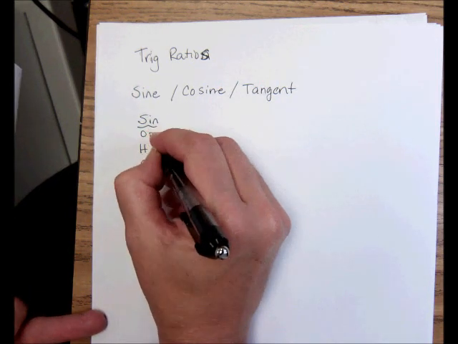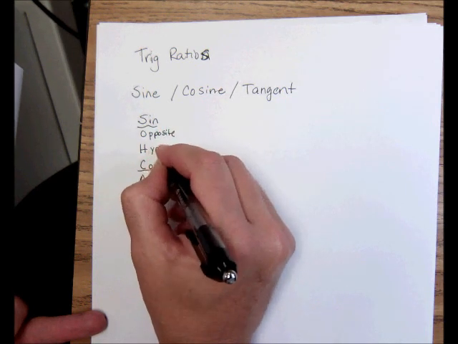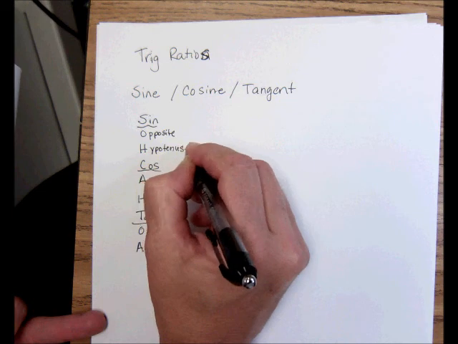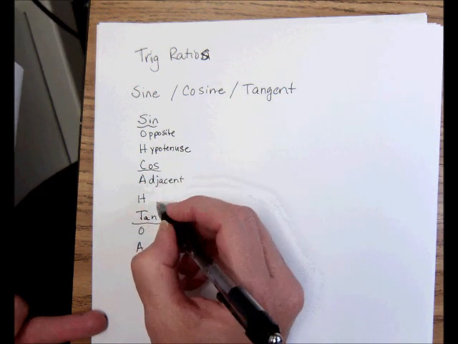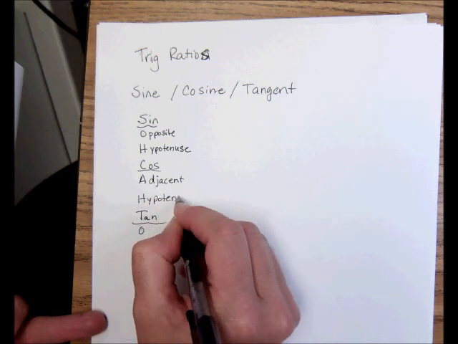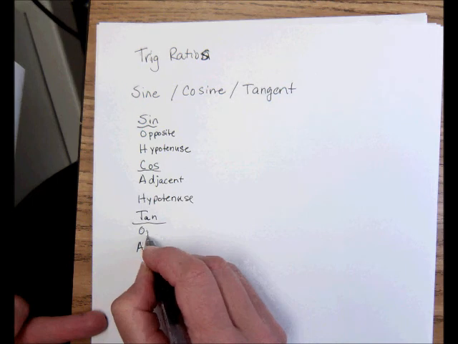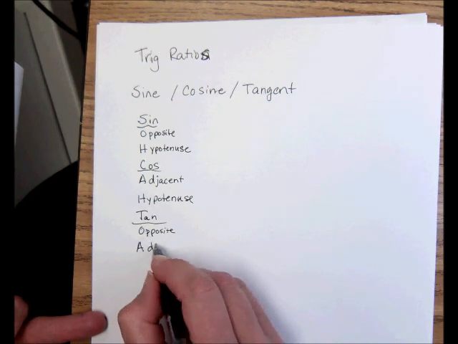And O means opposite, H means hypotenuse, A means adjacent, and these are all related to sides. Again, H is hypotenuse, and then O is opposite and A is adjacent.